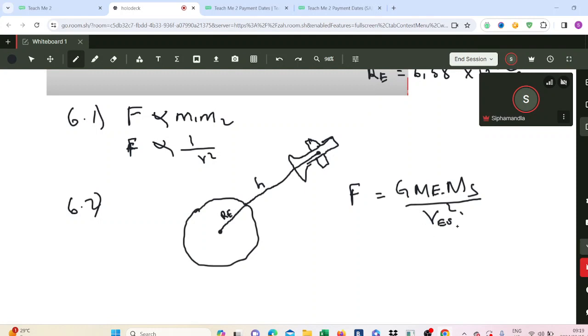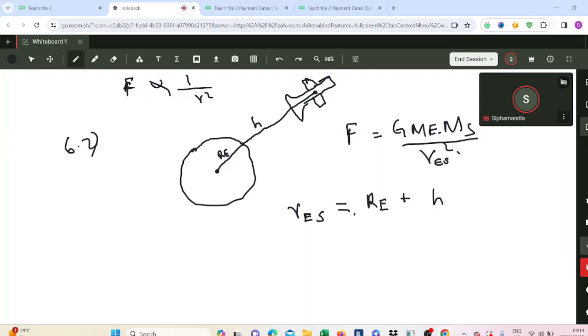This radius, r, will be equal to RE plus h, because I want the distance from the center of the first body to the center of the other body. It's very important for you to understand that. So let's go ahead and plug that in.